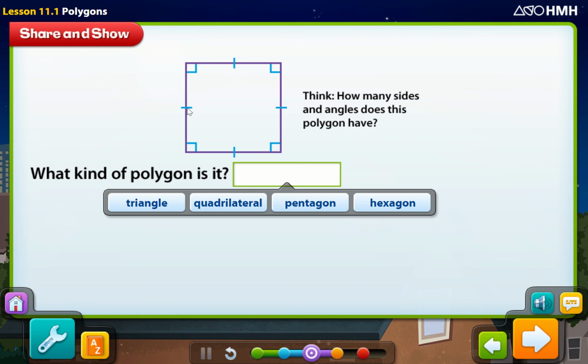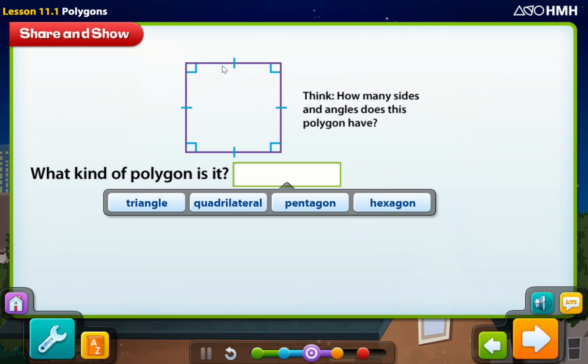Here, you see these little markings. These markings are telling you that this line is congruent or equal to this line. And these are all the same size. That's why you have the same marking. So it's telling you that all 4 sides are congruent, or all 4 sides are equivalent.